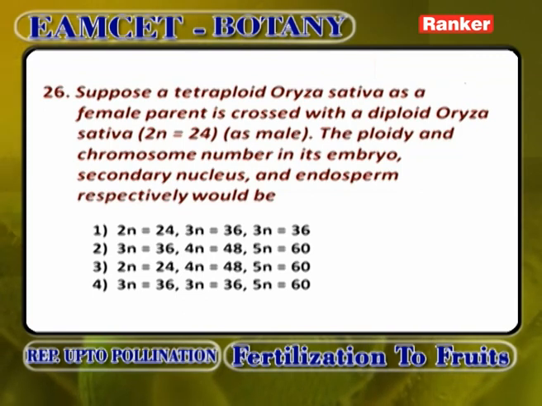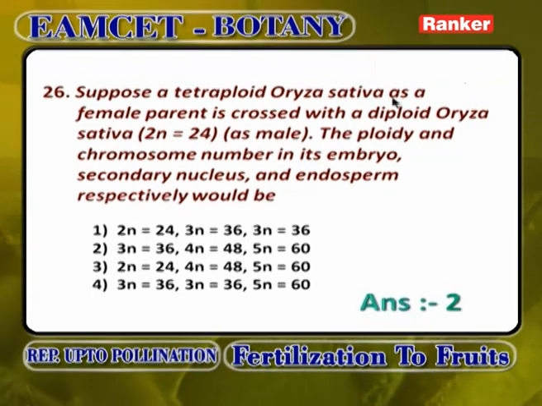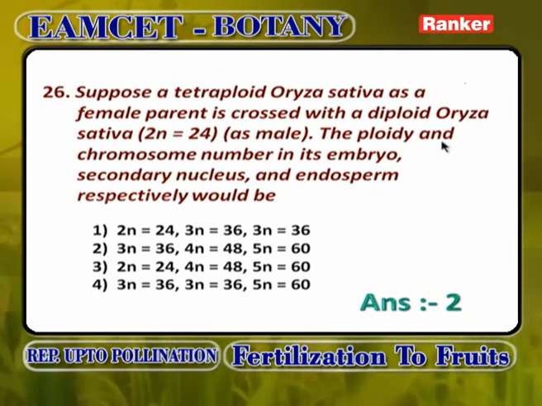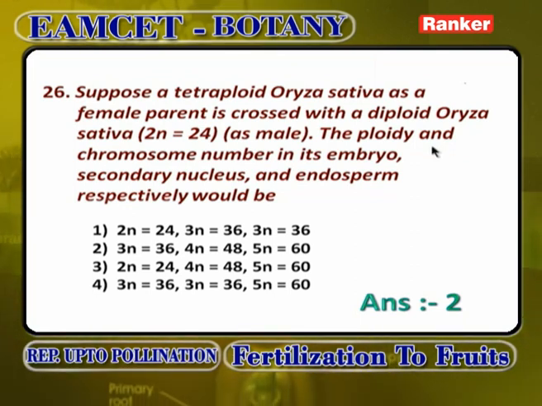Next question. Suppose a tetraploid Oryza plant as a female parent is crossed with a diploid Oryza plant, Oryza sativa 2n = 24, as male. The ploidy and chromosome number in its embryo, secondary nucleus and endosperm respectively: 3n = 36, 4n = 48, 5n = 60.